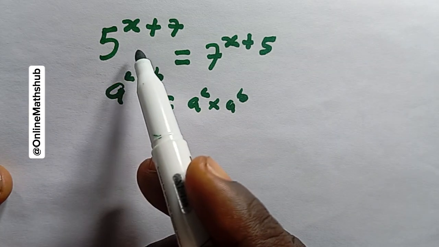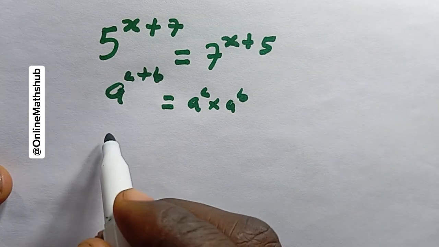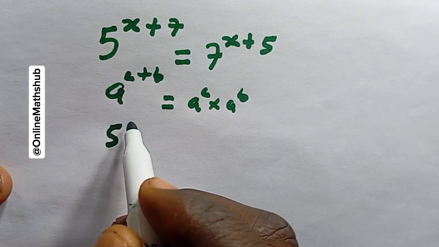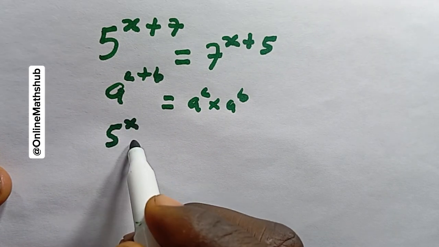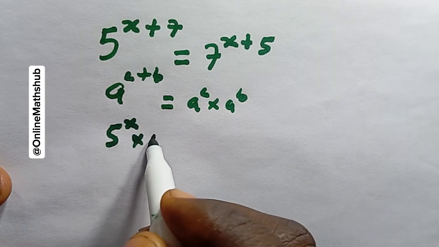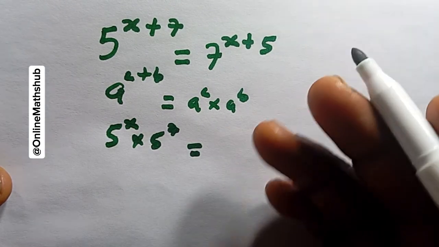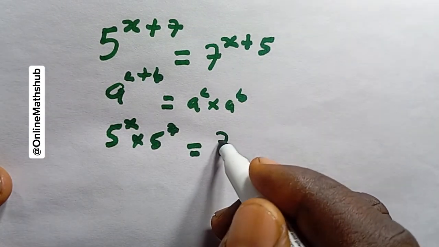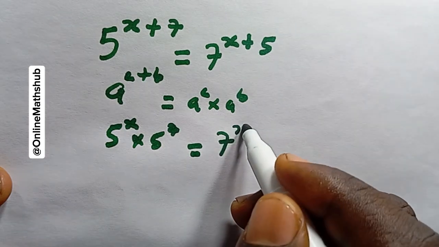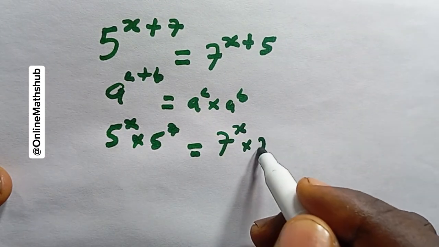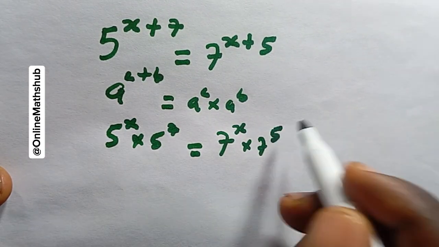If I apply that here, this left hand side changes to 5^x multiplied by 5^7. I can also apply the same at the right hand side, and then I'm going to be having 7^x multiplied by 7^5.